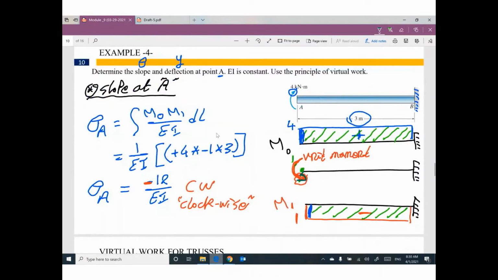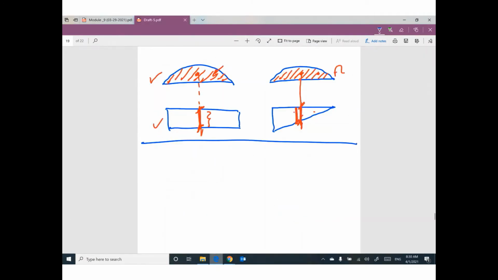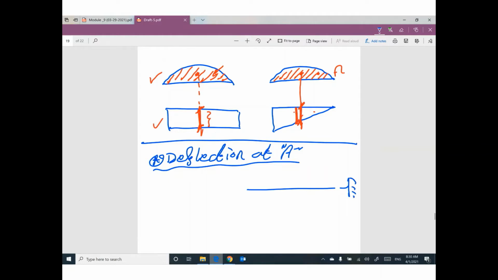The next part of the problem, we are looking for deflection at A. Just a reminder, this shape is the bending moment diagram M naught.